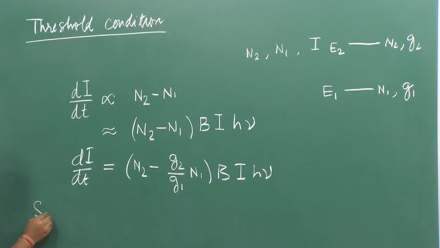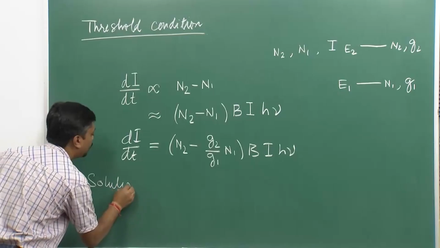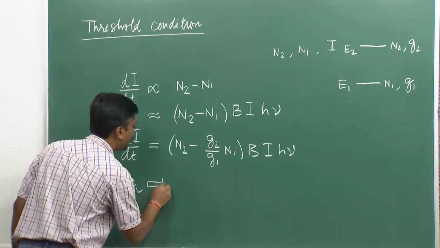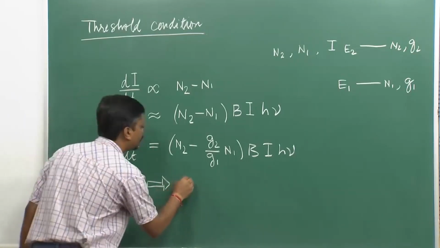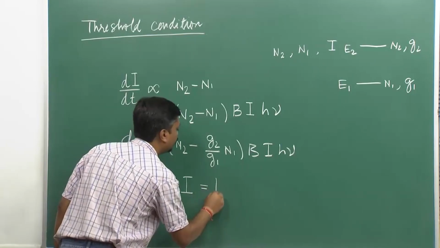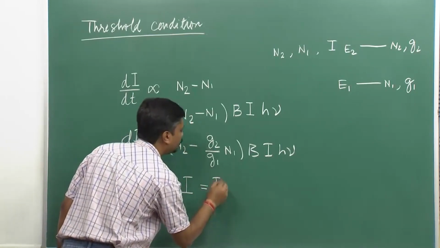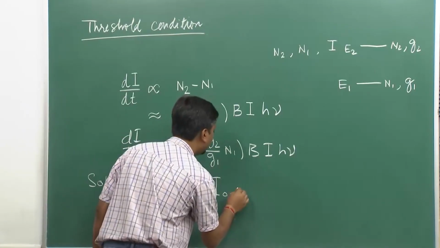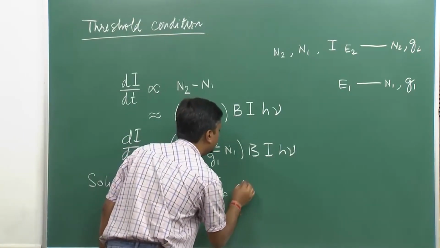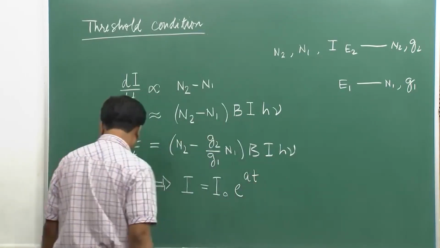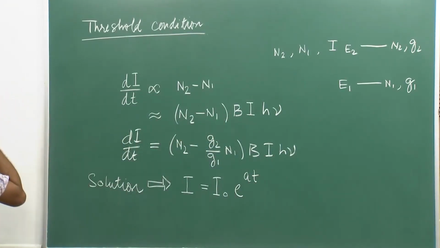The solution is I equals I0, at time t equals 0, times e to the power a t.